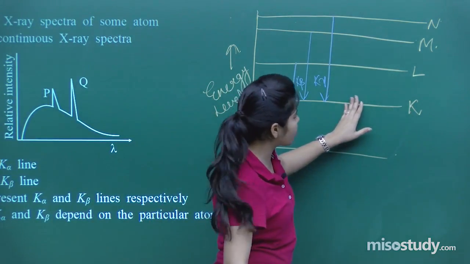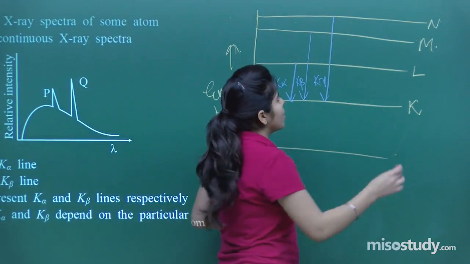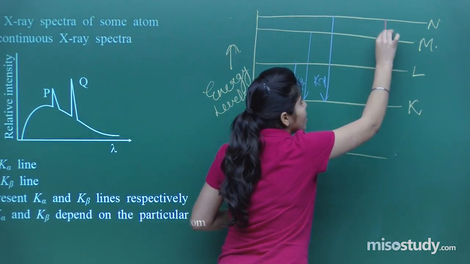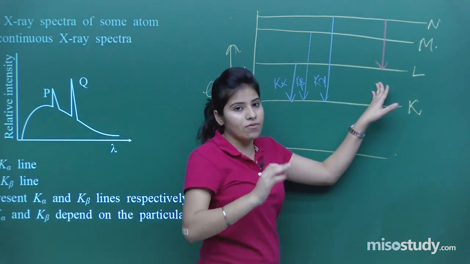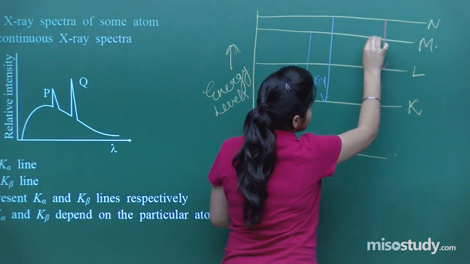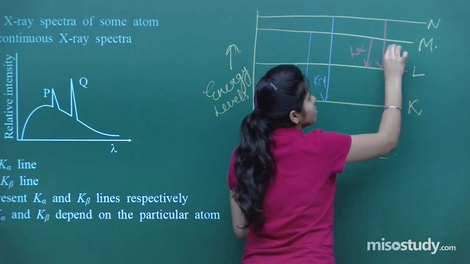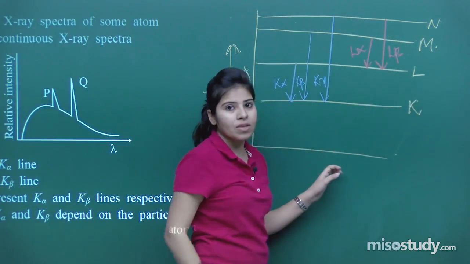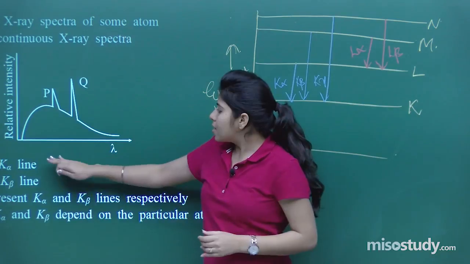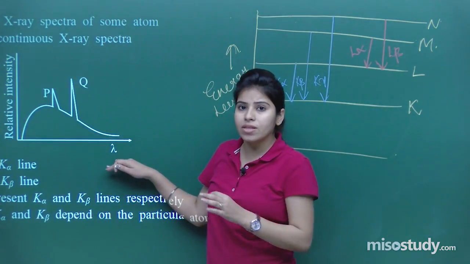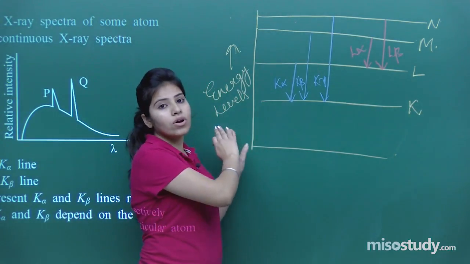Similarly, if I draw for the L alpha and L beta lines, if it is coming from any higher energy level to the L shell, that will be your L alpha line. So here this will be your L alpha, this will be L beta. Now, in this graph we have been given lambda, and the graph that I have drawn before you is for energy.